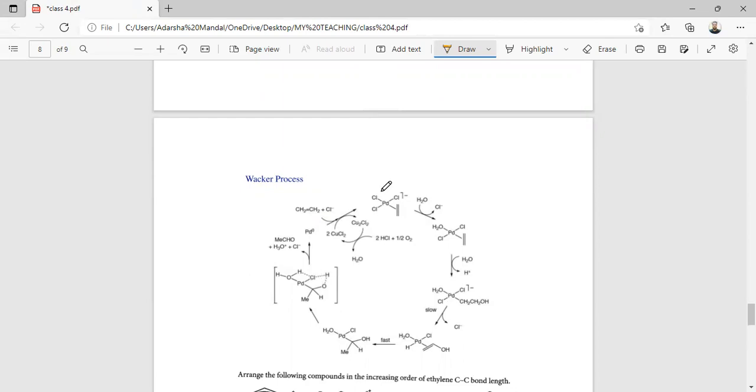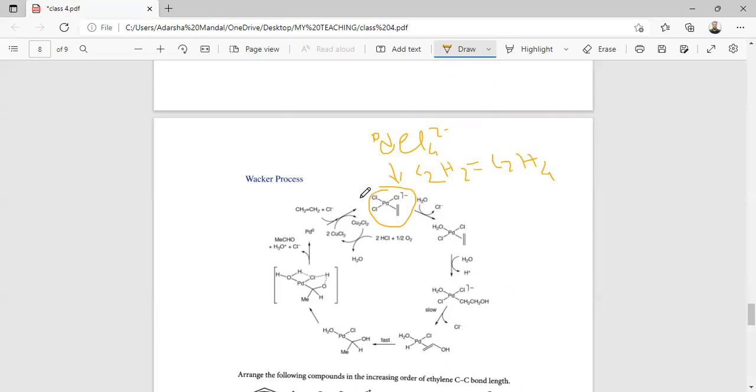So first the PdCl4 2 minus reacts with the ethylene to form this metal alkene bond. Then water does a ligand substitution reaction.